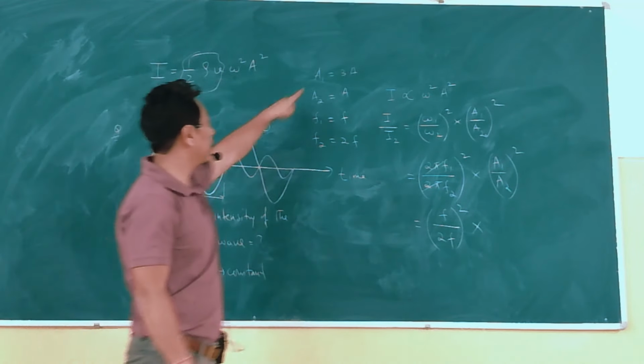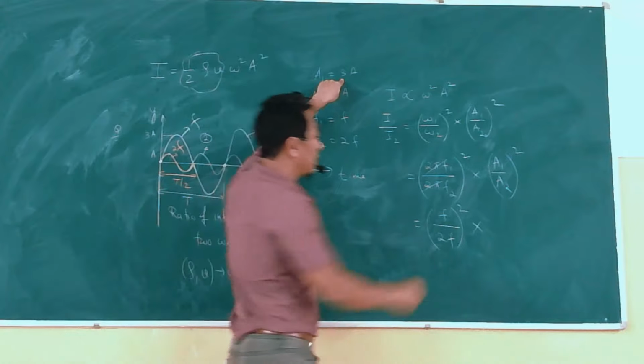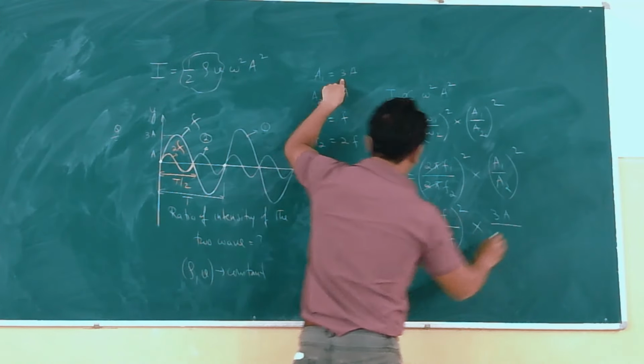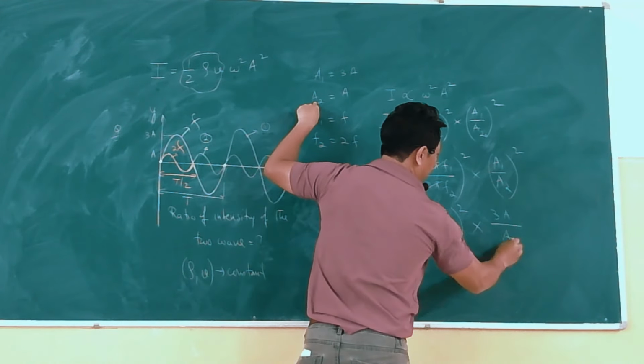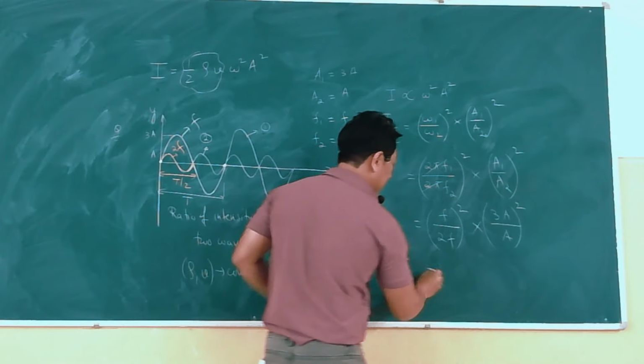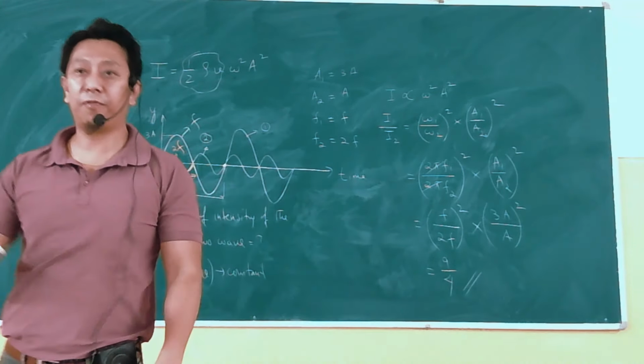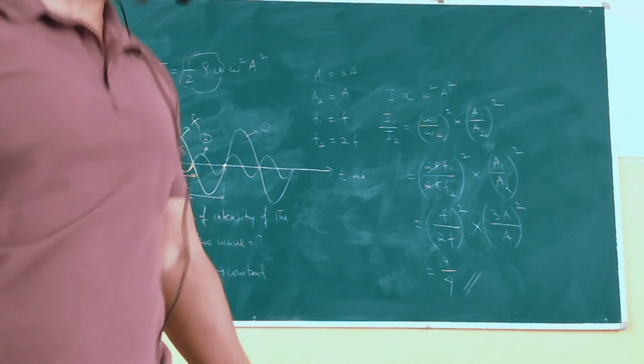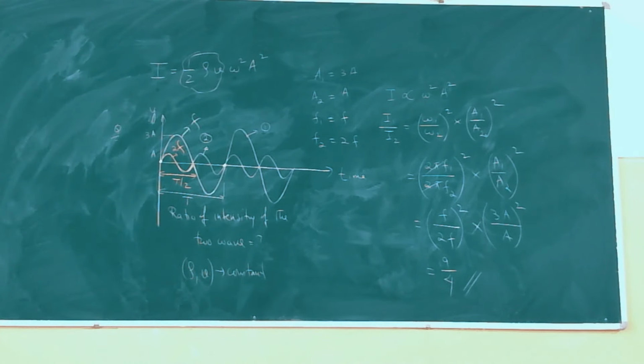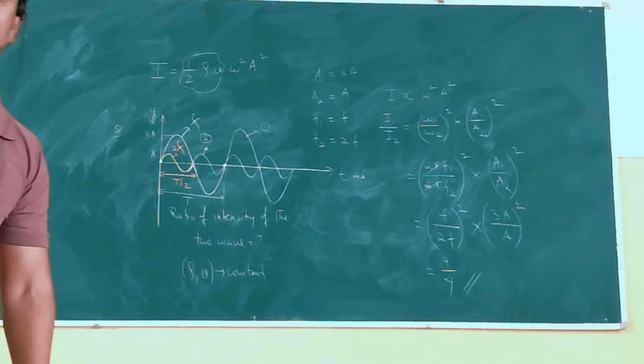If the amplitude of the first wave is 3A, the second wave amplitude is A. Answer is 9:4. Everybody understood? F cancels, A cancels. 1 by 2 square, 1 by 4, 3 square, 9.